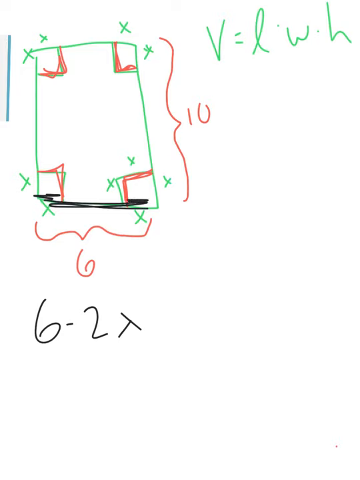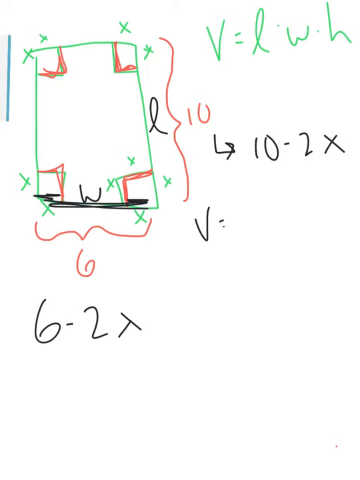This side right here would be 10 minus 2x. Okay? So now we have to start thinking about how we're going to do this as far as volume. I can say this is my length right here, this is my width, and then we'll figure out my height.